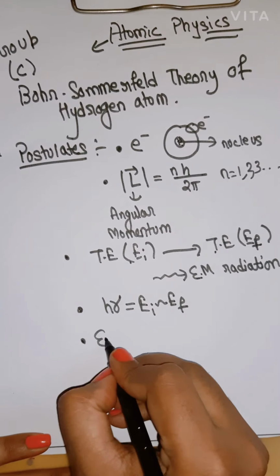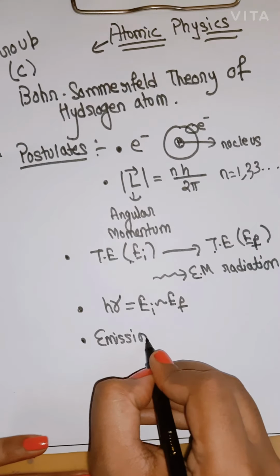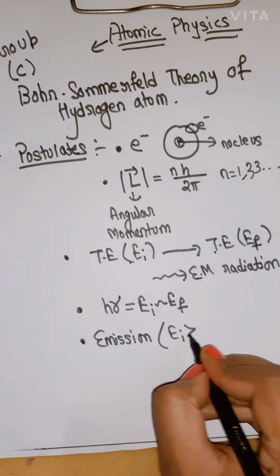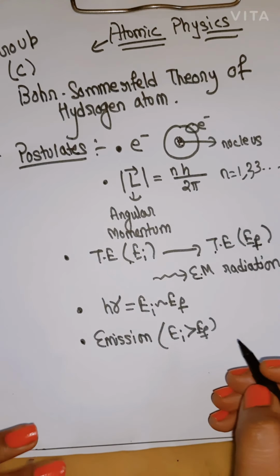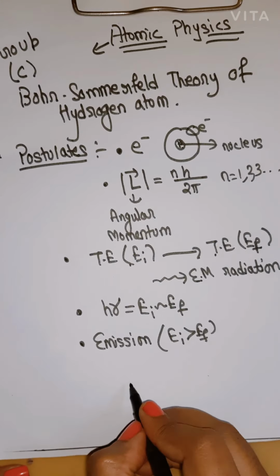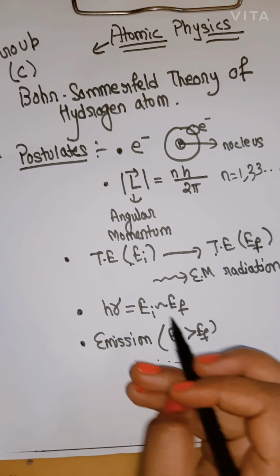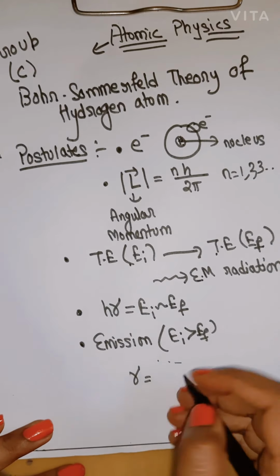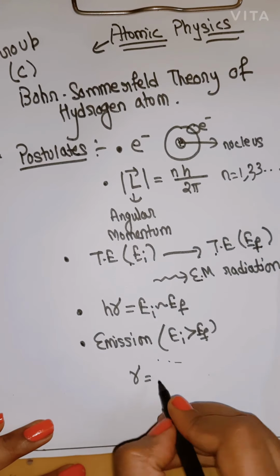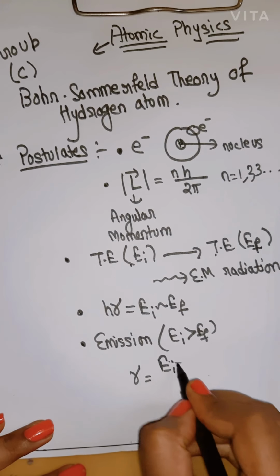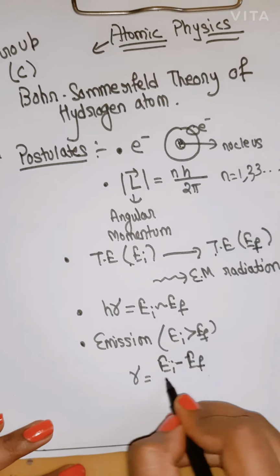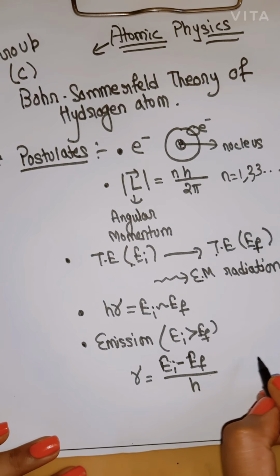For emission, we have Ei greater than Ef. Then from here we can calculate nu. The frequency of radiation is given by (Ei minus Ef) by h.